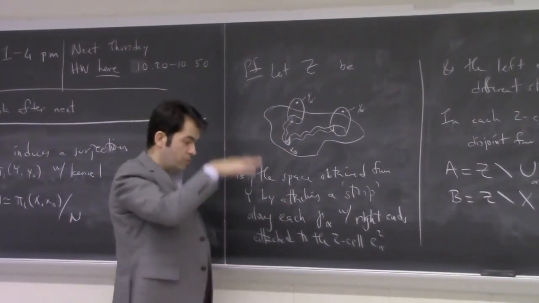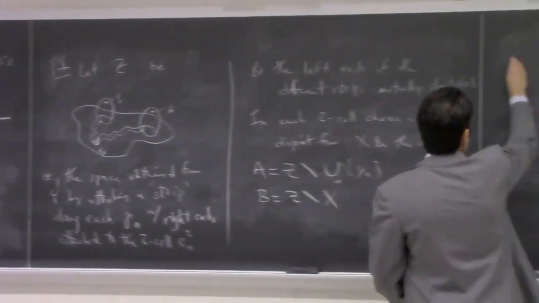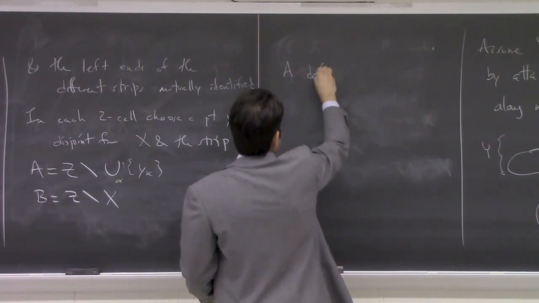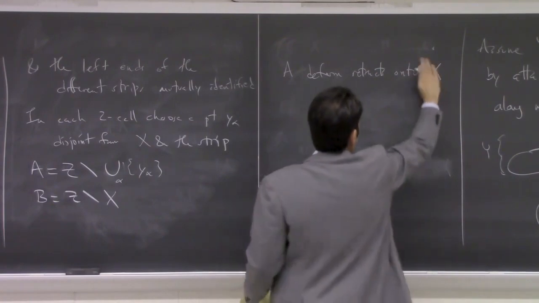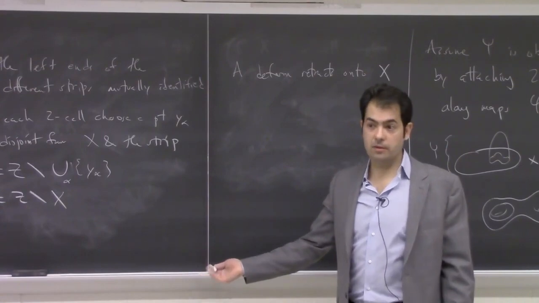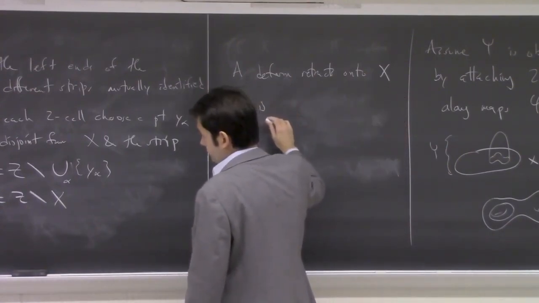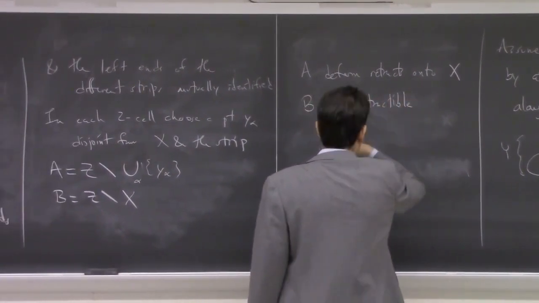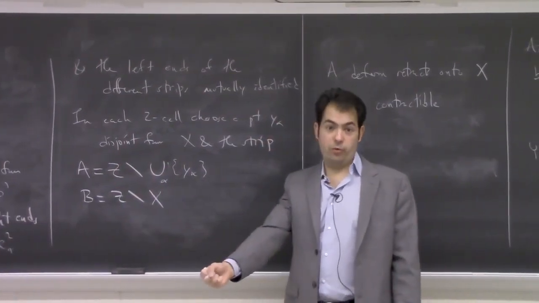Each of these strips you can push down into X. So A deformation retracts onto X. Up to homotopy, A is the same as X. Whereas B is contractible, because every hemisphere contracts to the north pole.